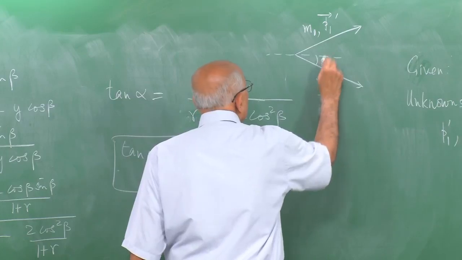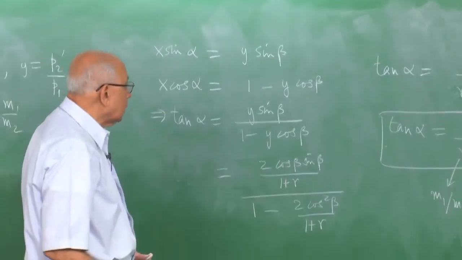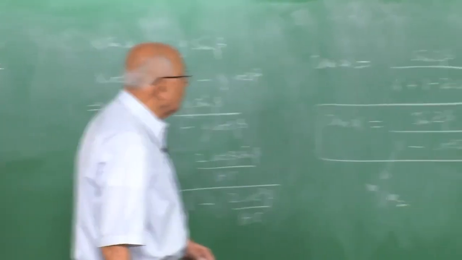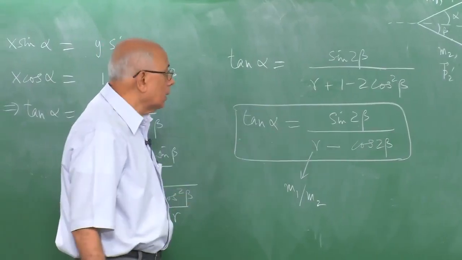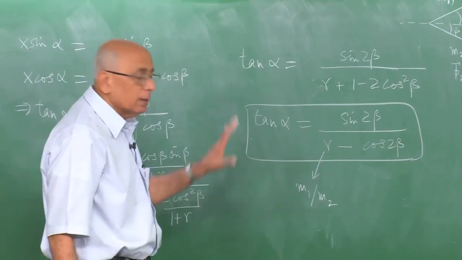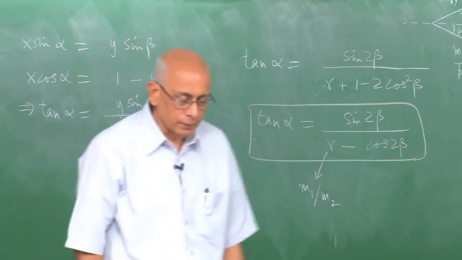This angle is beta, that angle is alpha. And we have a solution which tells you what each of these momenta are, P1 prime and P2 prime. We also have a solution for the angle here. So, what we need to do is now analyze this solution and see what all the special cases are, and we will do that next.